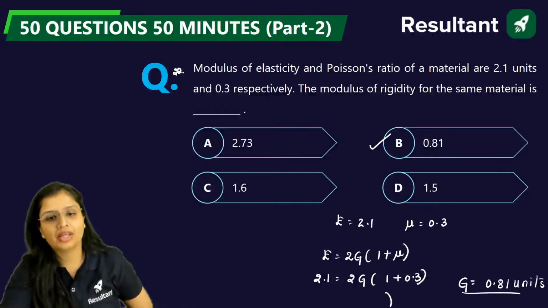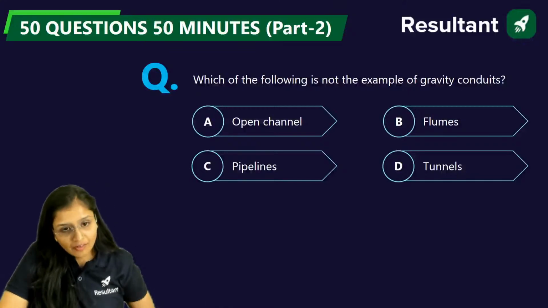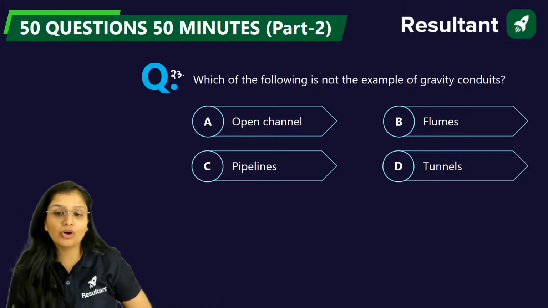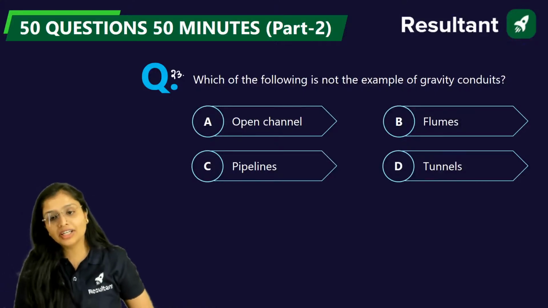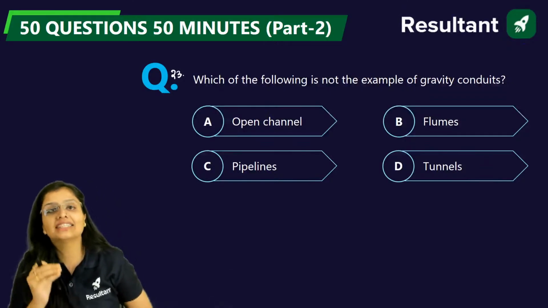Okay. Now, next question. This was question number 22, now 23. Which of the following is not an example of gravity conduit? Conduit means pipes. Gravity conduit means any type of channel in which water flows under the action of gravity, due to its own weight, and it has a free surface.